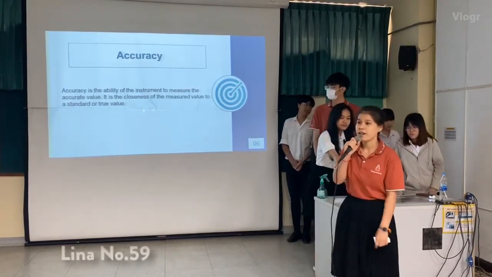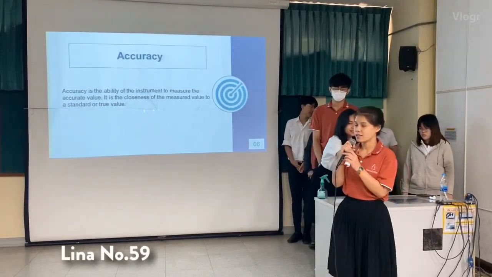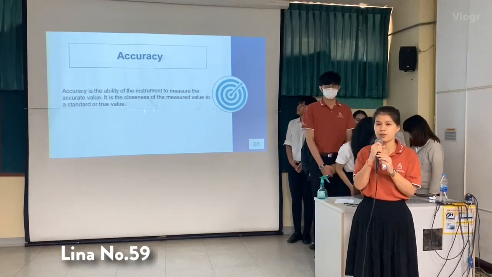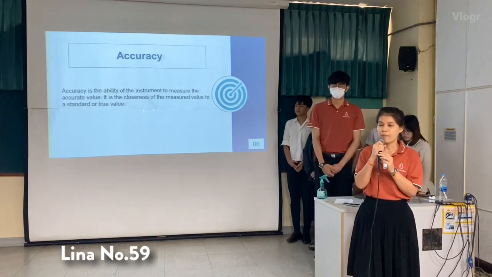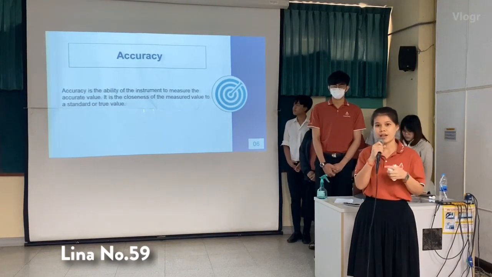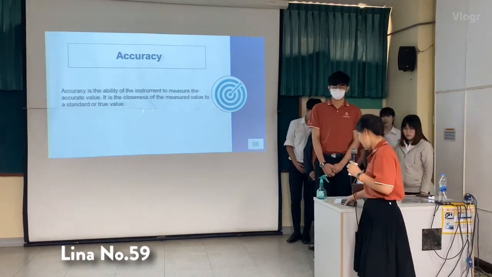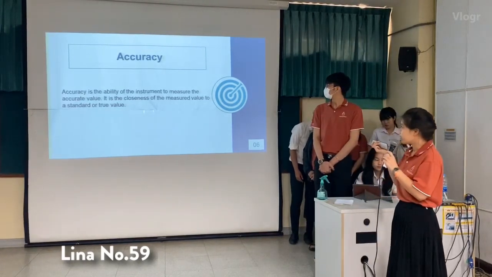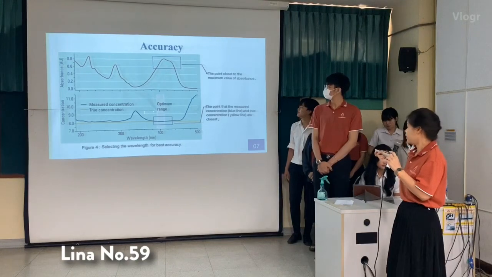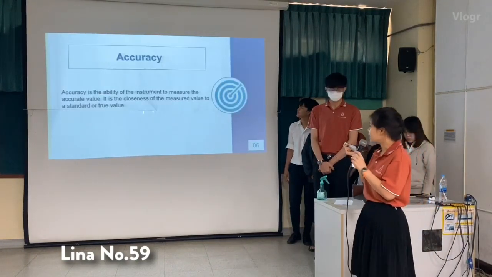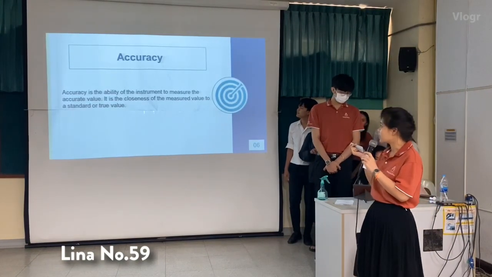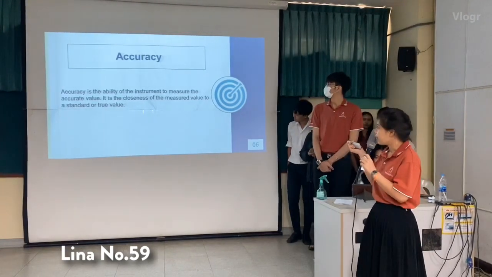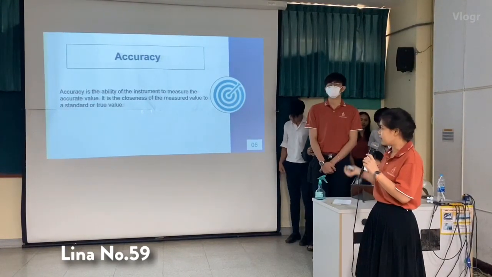Okay, this parameter is accuracy. Accuracy refers to the closeness of the measured value to the standard or true value. For example, when we shoot an arrow and it is closest to the target, and when we repeat it again, the arrow is also on the target.